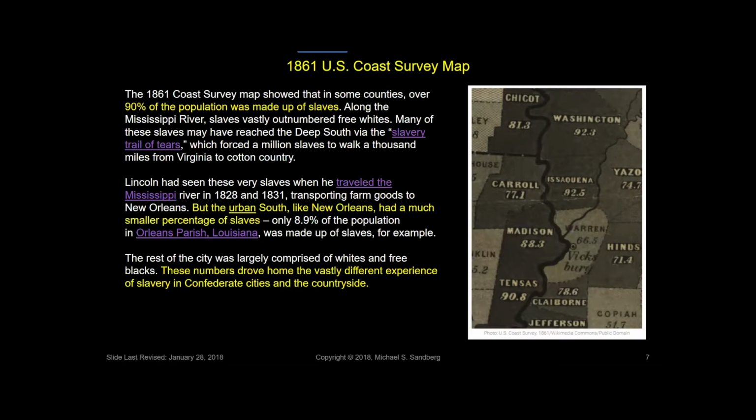But paradoxically, you had larger southern cities like New Orleans, which had a very small percentage of slaves. 8.9% were made up of slaves. The rest of the population were white, or they were free slaves, or people that were slaves that had bought or earned their freedom.